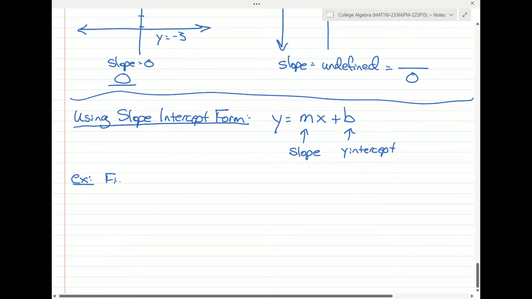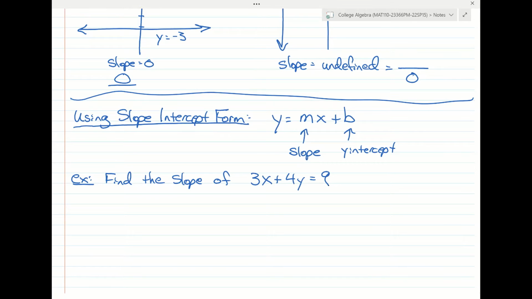So if you had a problem like this, find the slope. 3x plus 4y equals 9. Using the slope-intercept form, we just want to get y by itself.